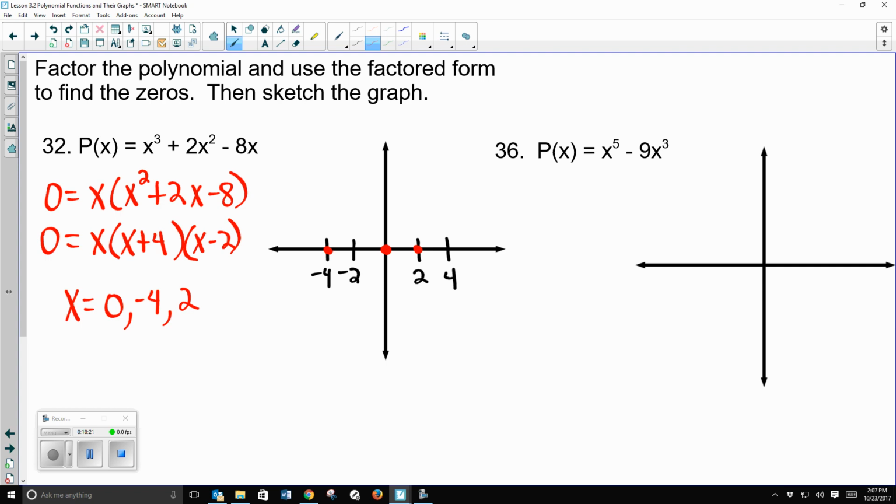Now the leading coefficient tells me the behavior of the beginning and the end. Since the degree is odd, I'm either doing this or this. The leading coefficient is positive, so which one am I doing? Okay, so it rises to the right and falls to the left, right?